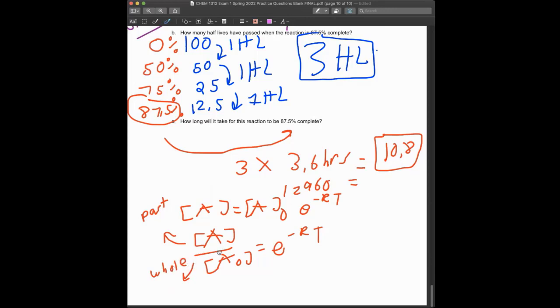Whatever substance you have left over your initial is how many grams of substance you have left. We know we have 12.5% of substance left. This is in grams, but this is in percentage. So it's 0.125 equals e^(-kt), and you just solve for t from here. You'll get the same answer in seconds.